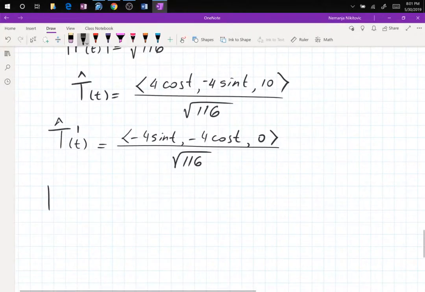And finally, I need the magnitude of T prime, which would be the magnitude of this vector divided by square root of 116.